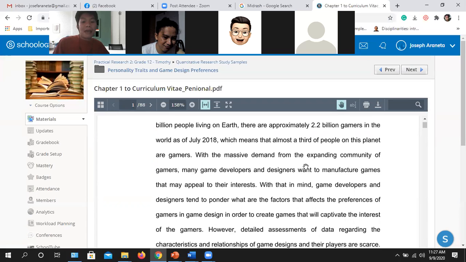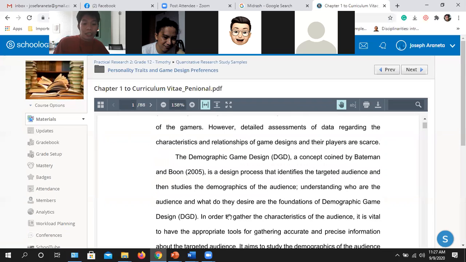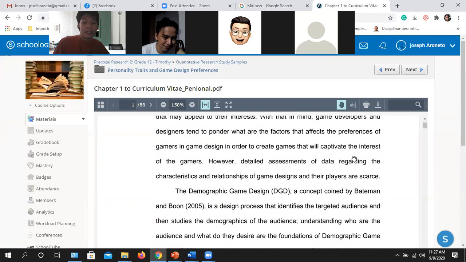With the massive demand from the expanding community of gamers, many game developers and designers want to manufacture games that may appeal to their interests. With that in mind, game developers and designers tend to ponder what are the factors that affect the preferences of gamers in game design in order to create games that will captivate the interest of the gamers.